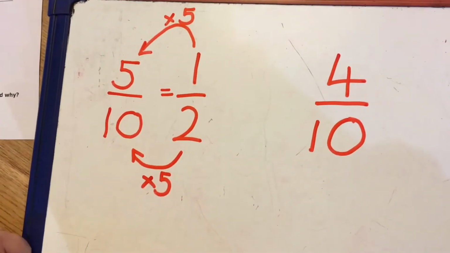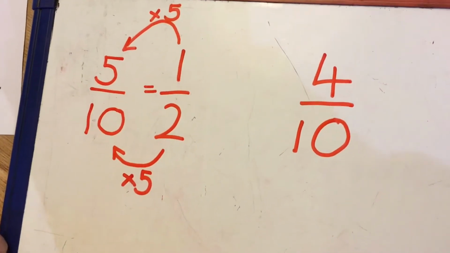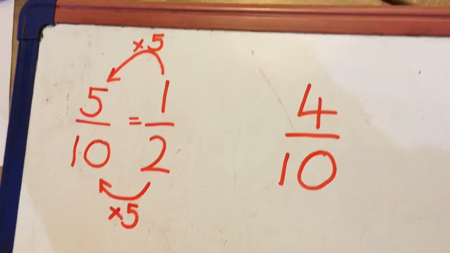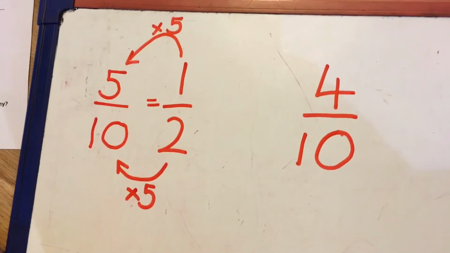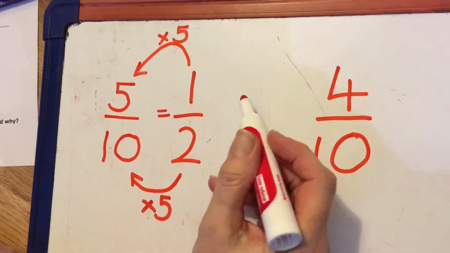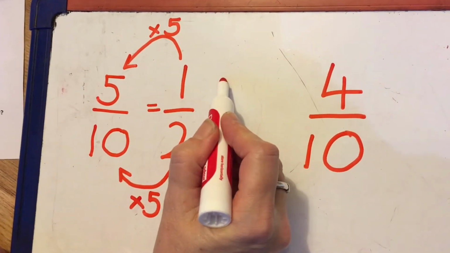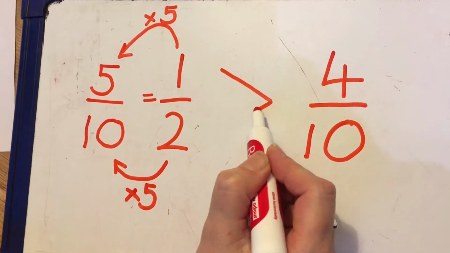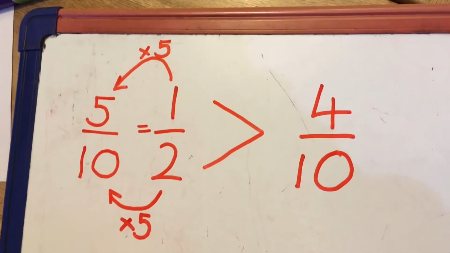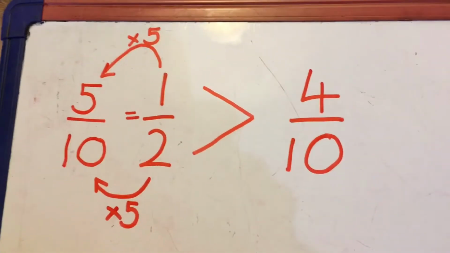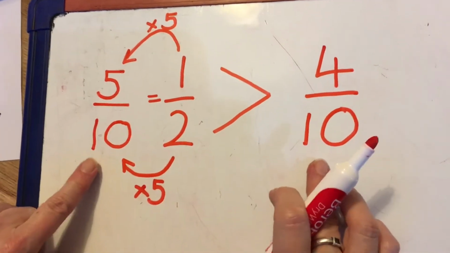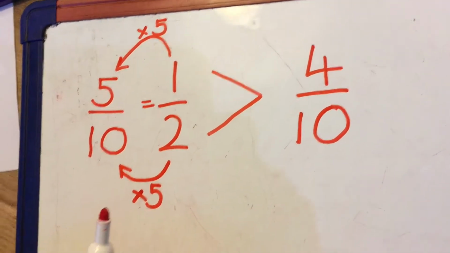All right, so probably if you're anything like me, you would want to have the larger amount of this chocolate bar, and so therefore I would put this symbol in. A half, remember the crocodile's mouth is going to eat the bigger fraction, is greater than 4/10. So one way that you can compare these fractions of amounts is just to make both fractions have the same denominator.